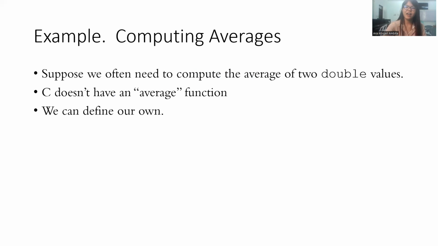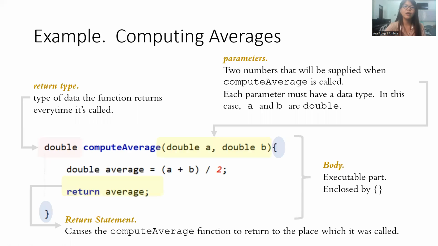Let's say we have this program which computes averages. Suppose we often need to compute the average of two double values. C doesn't have an average function, so what we can do is define our own. This is an example of the average function.